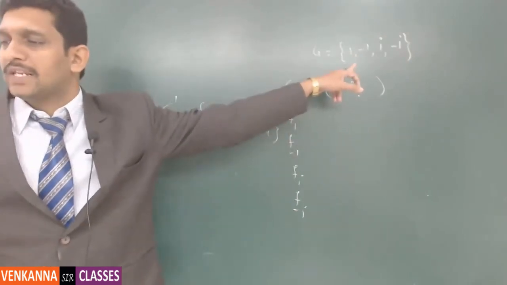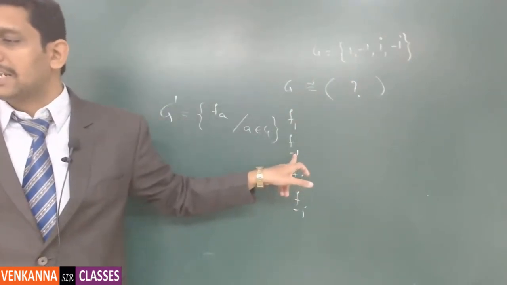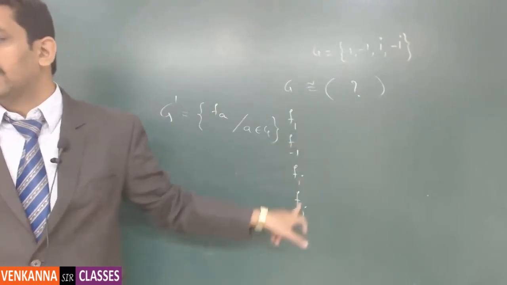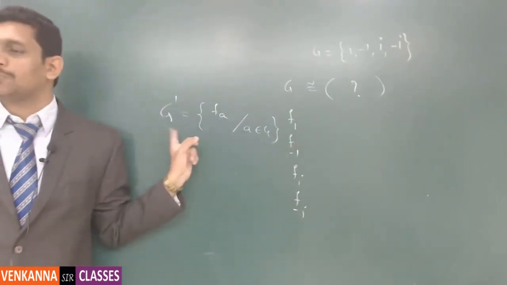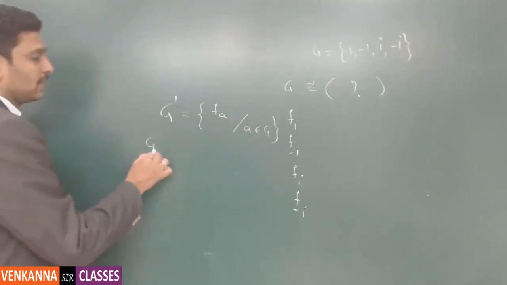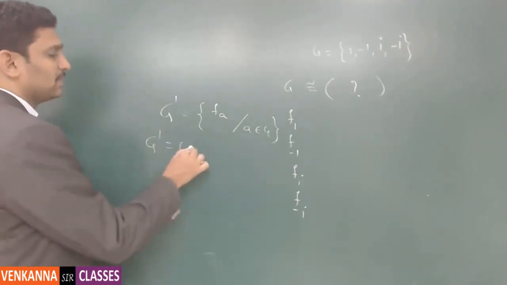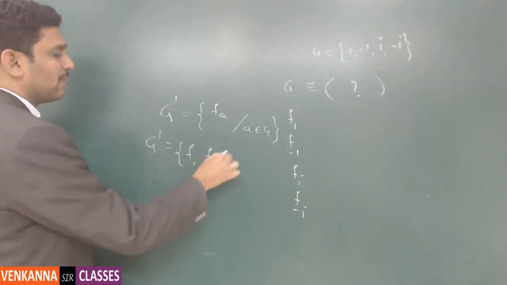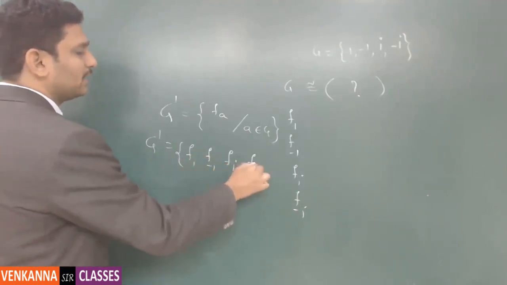If minus 1 is the element, the corresponding permutation is F minus 1. Like that, you need to take the permutations in the respective group G dash. Okay? Are you clear? So in this problem, G dash is simply F1, F minus 1, Fi, F minus I.